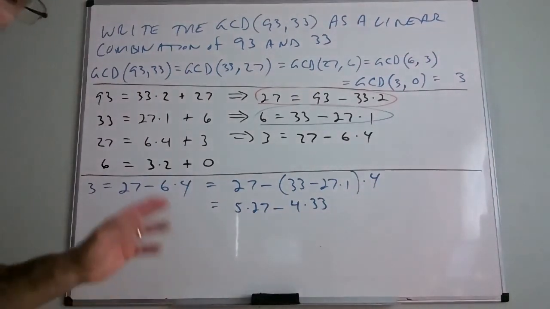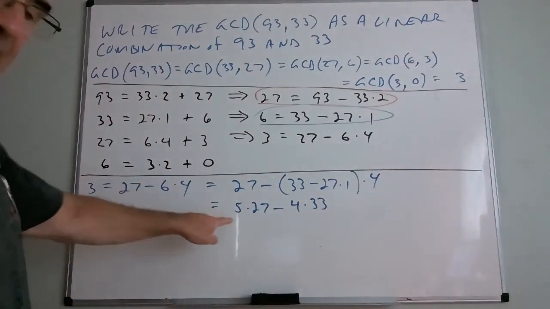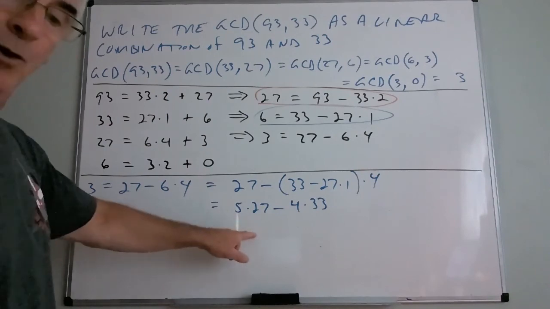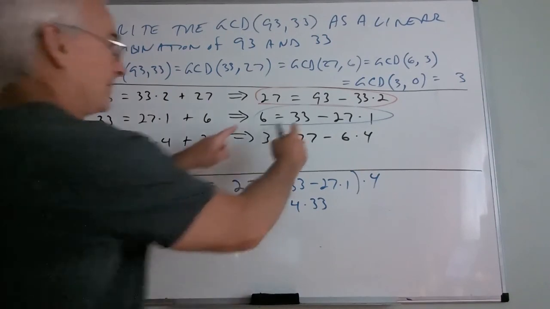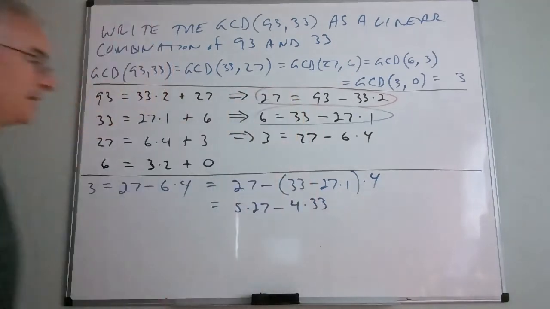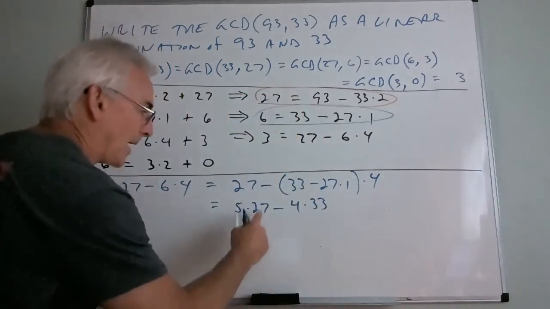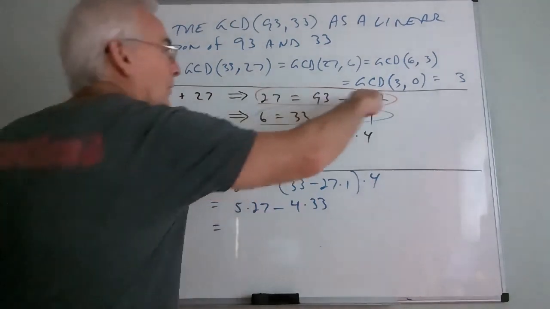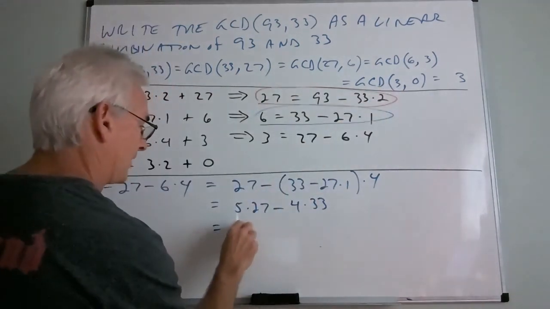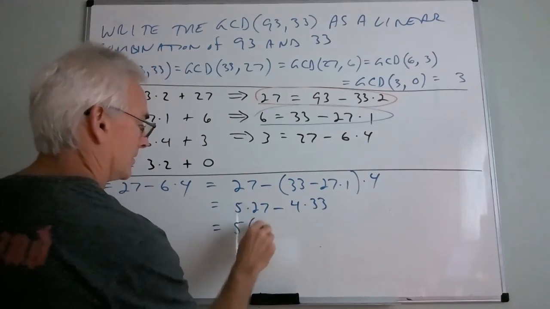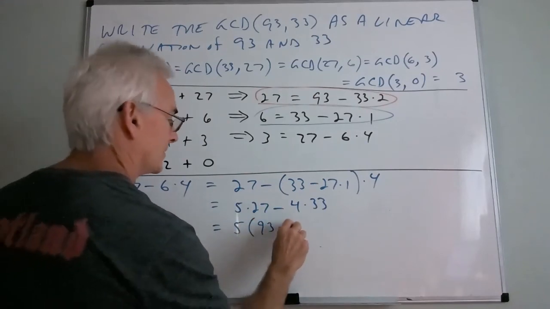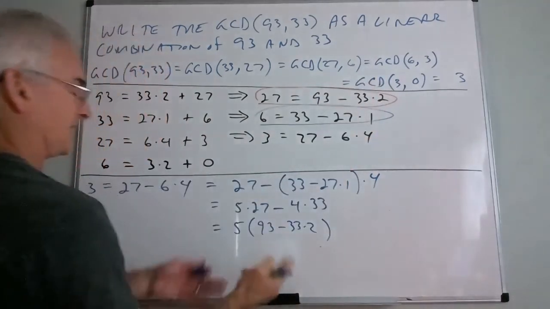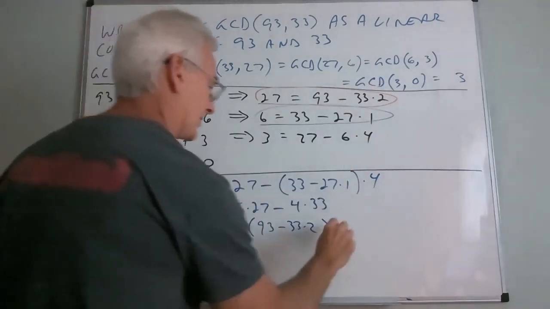Okay. Now I'm going to go from this part here, and now I'm going to replace what? I'm now going to replace 27 because that was the next number in the process. So I'm going to replace the 27 with what? With that. So I now have 5 times 93 minus 33 times 2. I said it didn't matter what order you write them, because in the end, you're probably going to put your coefficients in front.